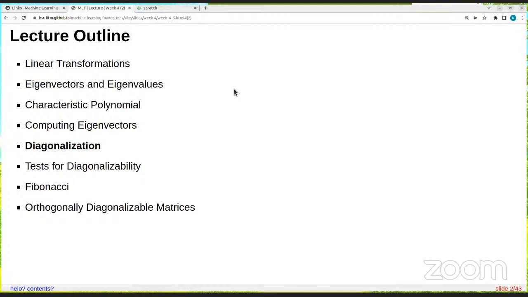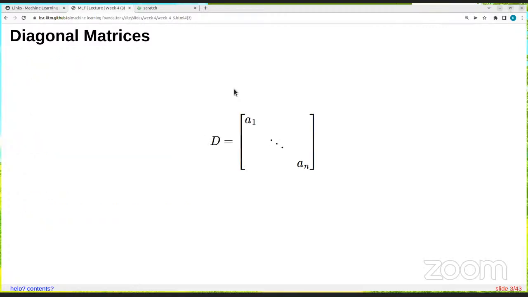So, diagonalization. We'll take the diagonal part out and see what it means. Diagonal matrices are interesting from the mathematical standpoint, not in a general sense. For mathematicians they are interesting, and we hope to see why in a while.